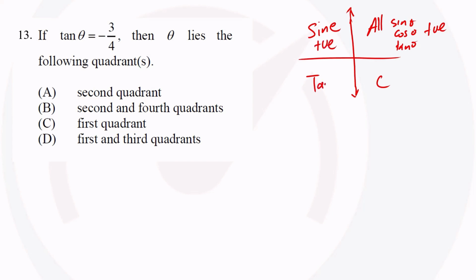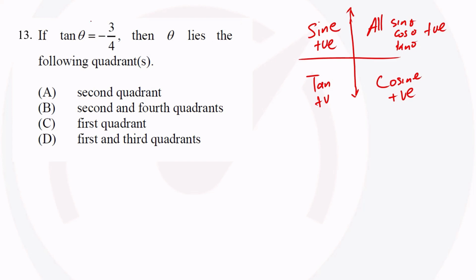In this quadrant, only tan is positive. And in this quadrant, only cosine is positive. That's why we say all, meaning sine, cosine, tangent. Students, the sine is positive. So therefore it asks when theta lies in the following quadrant.